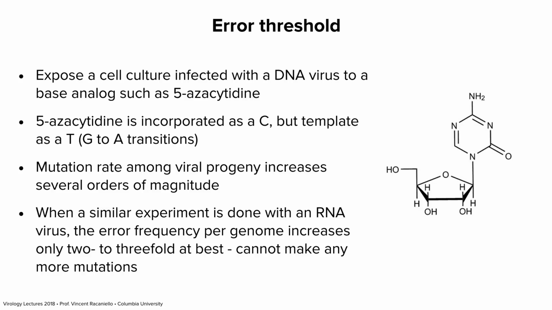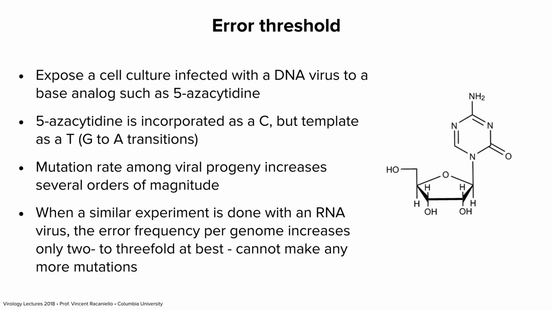And what happens is this is incorporated by the DNA virus polymerase as a C. So it doesn't cause chain termination. It's incorporated, the chain continues. And then when that strand is copied, the C looks like a T to the polymerase because it's chemically modified as AZA-C, and that causes G to A mutations or transitions.